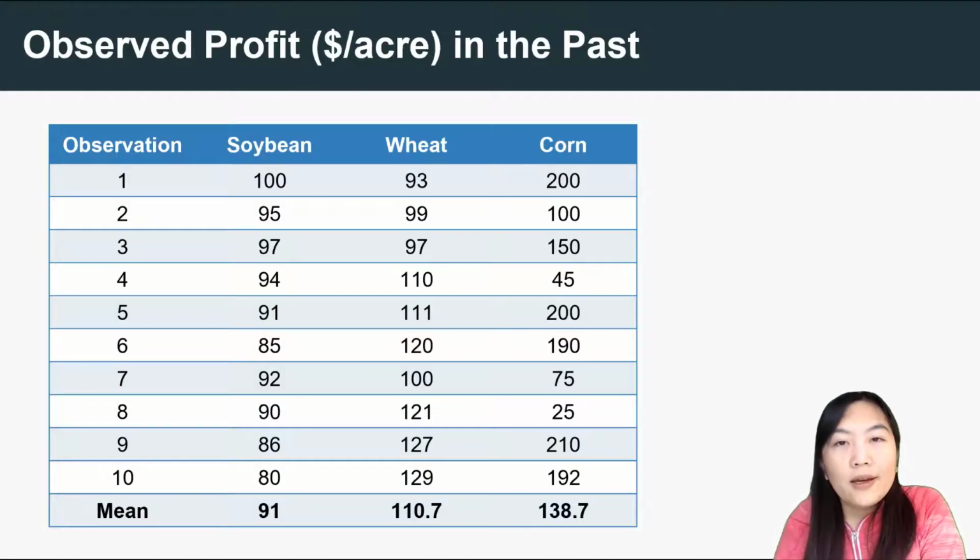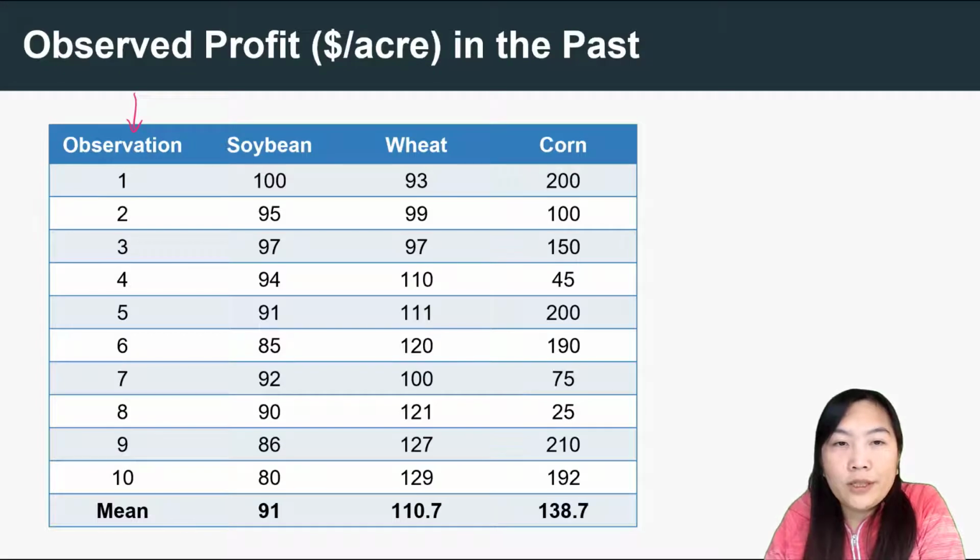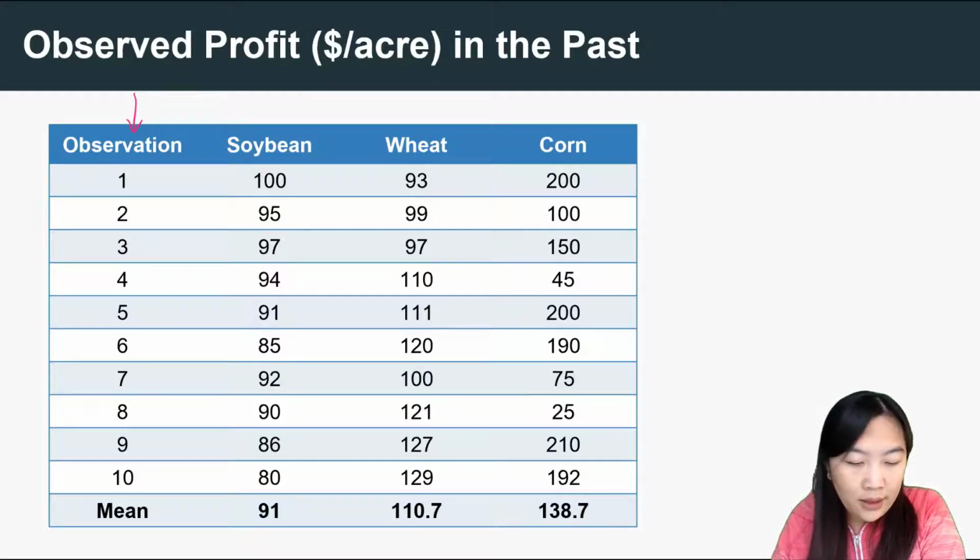So assume the farmer collected information about the profit of the 3 crops in the last 10 years and put all of the information in this table. So this column here is telling which period it is. So there are 10 periods here.